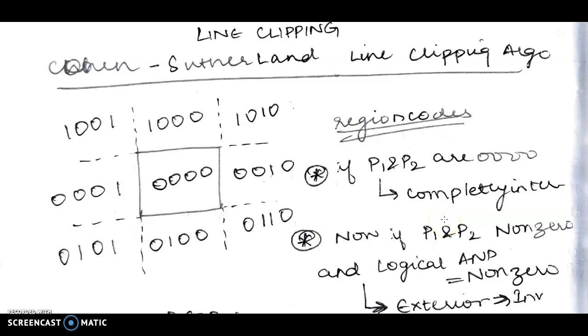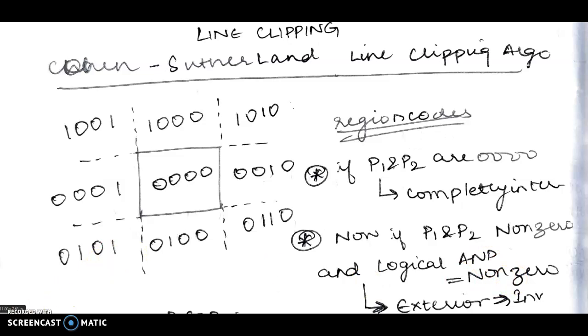Now let us take the second case. If P1 and P2 are non-zero, okay, so suppose P1 is non-zero, or P1 is here and P2 is inside, then we have two conditions. We will take the logical AND operation. Suppose P1 is in this region and P2 in this region, and if you do the AND operation, you still get 0 0 0 0 only.